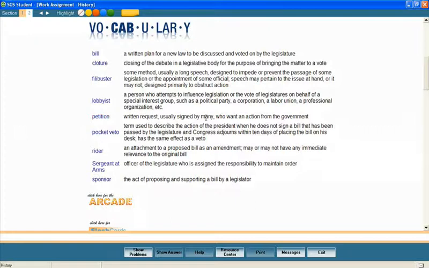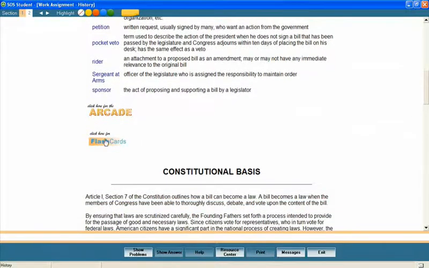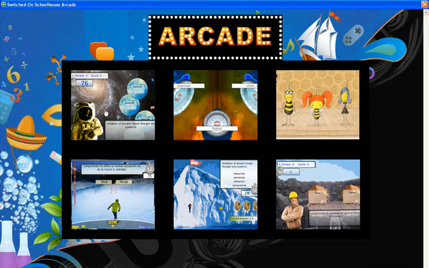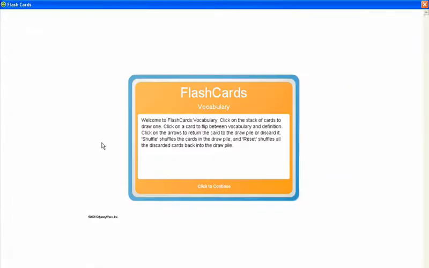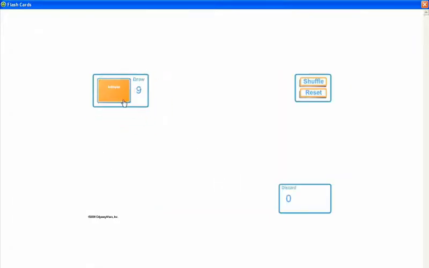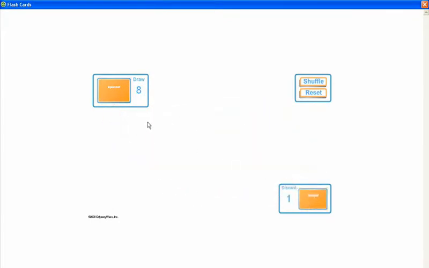A vocabulary games arcade provides additional practice designed to help students learn the spelling and definitions for the vocabulary from the lesson. Flashcards provides a fun way for students to review the definitions for the vocabulary words. Here's a sample.